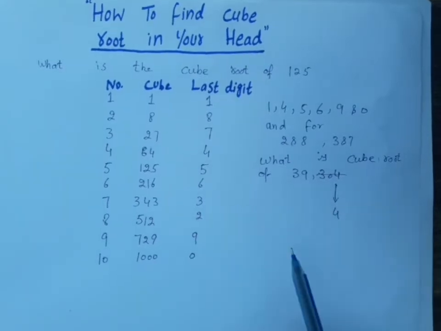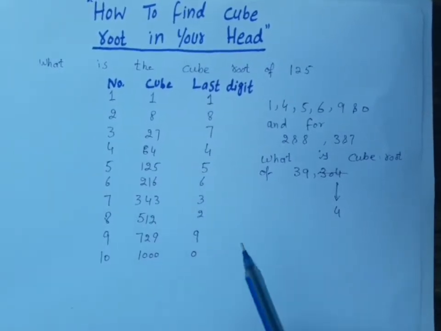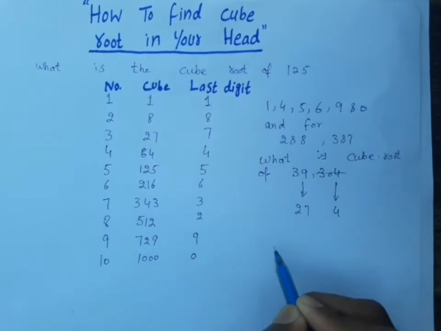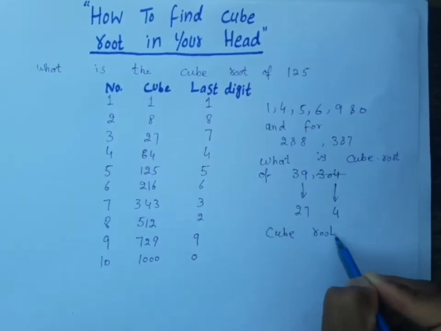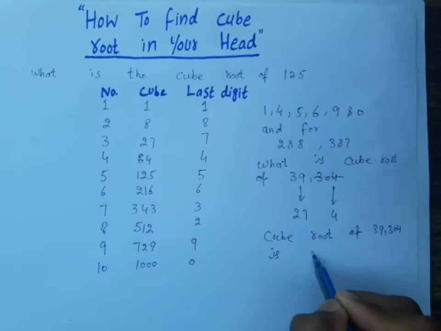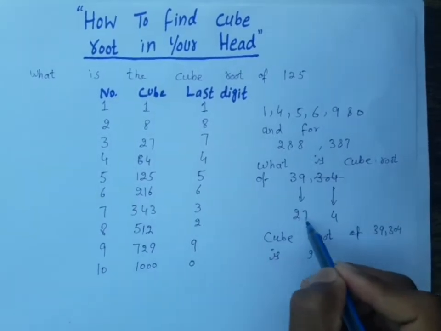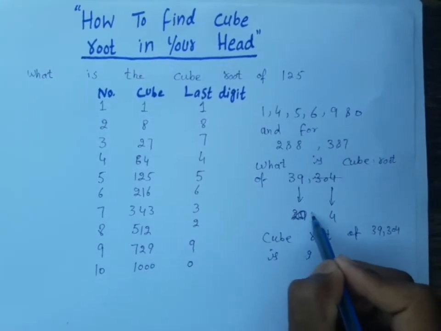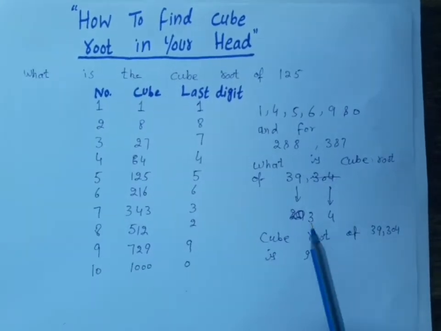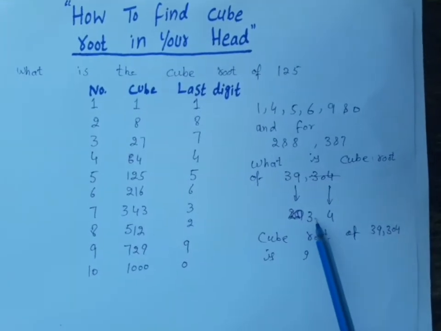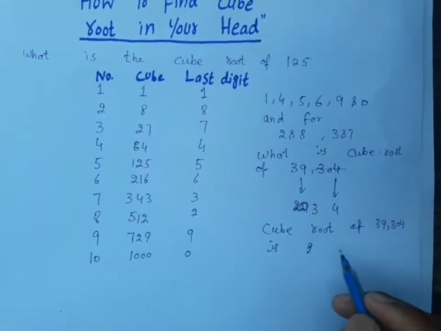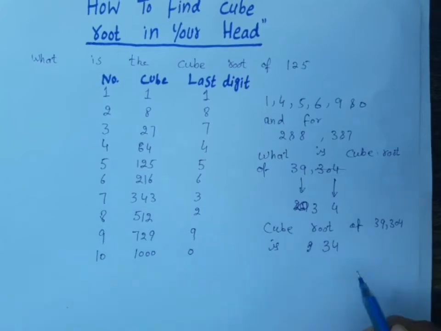The closest is 27, because 64 is over 39, so we write 27. 27 is the cube of 3, so we write down 3. And 4 corresponds to 4, since 4 is the last digit, so we write down 4. So the cube root of 39,304 is 34.